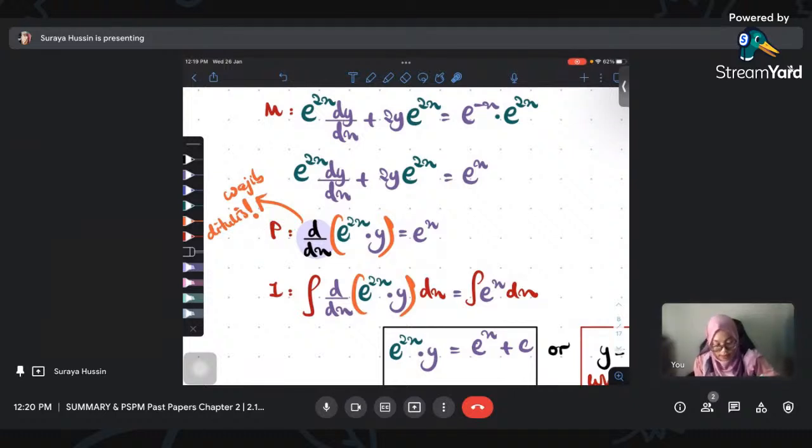Senang cerita, kamu hafal sahaja. You hafal setiap kali dah bahagian product rule, mesti letak d/dx. Wajib ditulis d/dx. Okay, and then put a big bracket and then put your y. Your y untuk setiap soalan confirm mesti ada y.